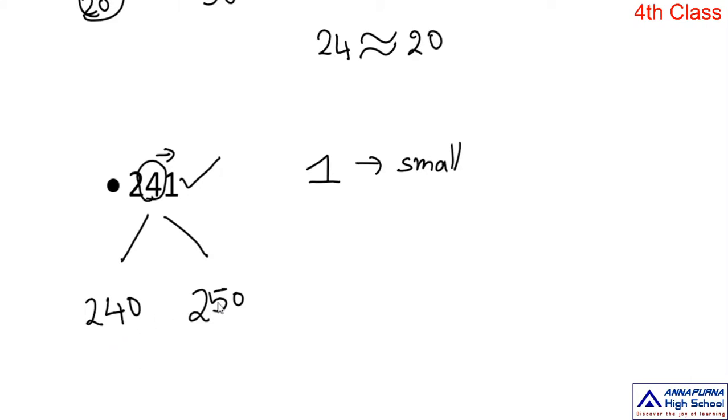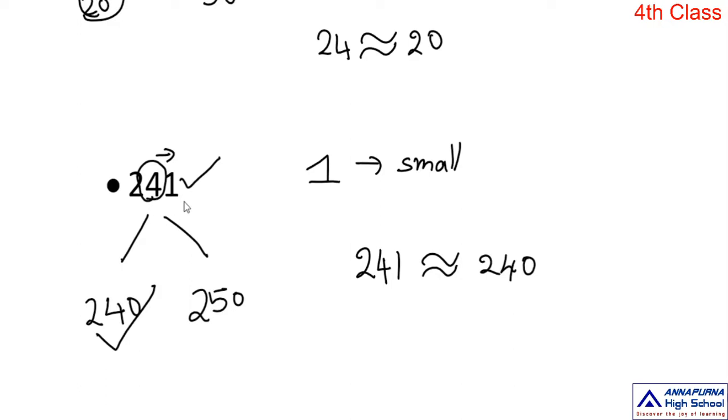So among 240 and 250, which is the small number, the smallest one? 240 is the smallest one. So 241 is approximately equal to 240. Okay children. However many digits we have on the left-hand side, no need to worry about that. We have to concern ourselves about the right-hand side digit.